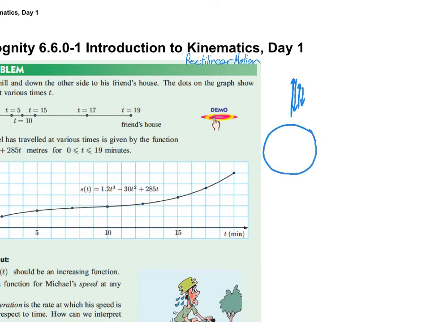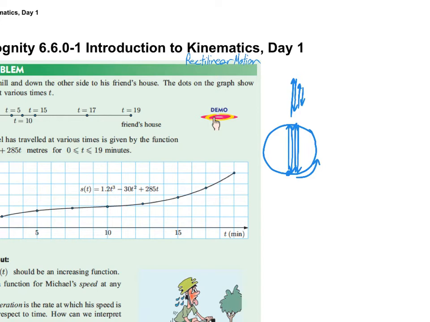Obviously, your physical motion is going to be in a circle, but if all I'm looking at is your height, then you're going to be moving up to here, and then back down to here, and then up to here, and back down to here. Okay, and as you can see, that can be kind of difficult to model.